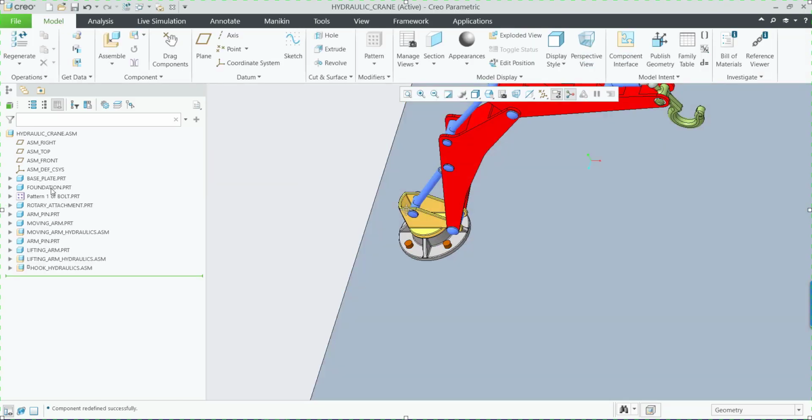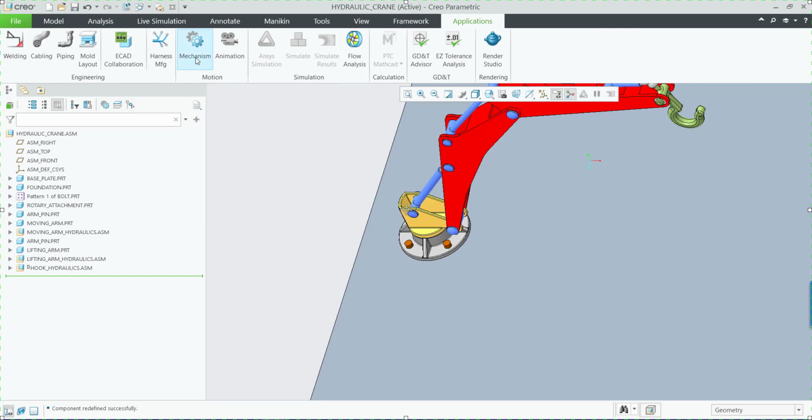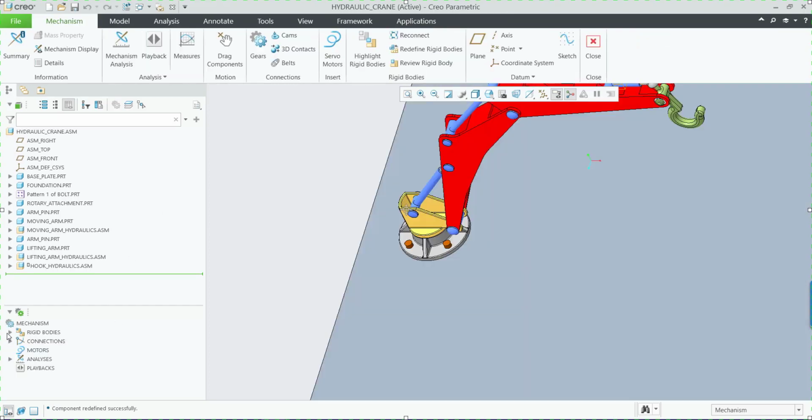So now we can check that the three components, base plate, foundation and bolts, have to be one single body in the context of mechanism, which has to be set as the ground body. If I now look at the mechanism application and at the rigid bodies, it should show me that the ground body is the base plate.